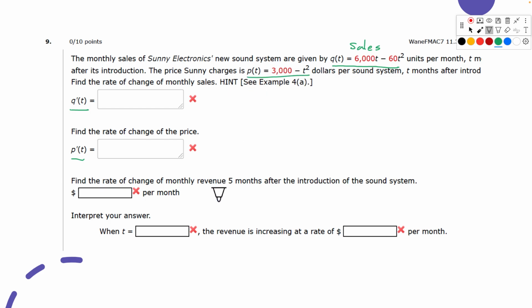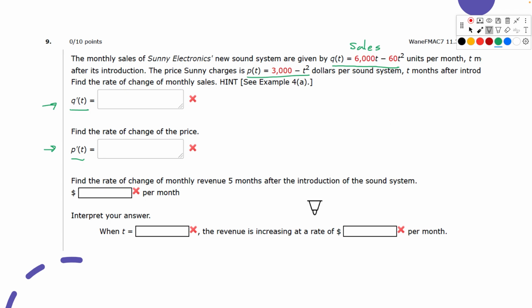The price it charges is given by this, the P function. So what we're trying to get at is to find the rate of change of monthly sales, and the rate of change of the price. That's what the derivative is here, right? Rate of change. Find the rate of change of monthly revenue.